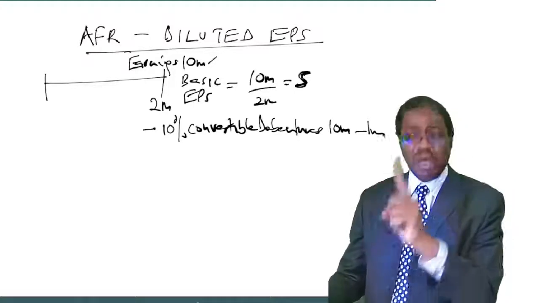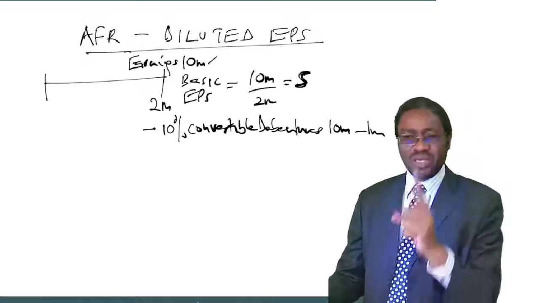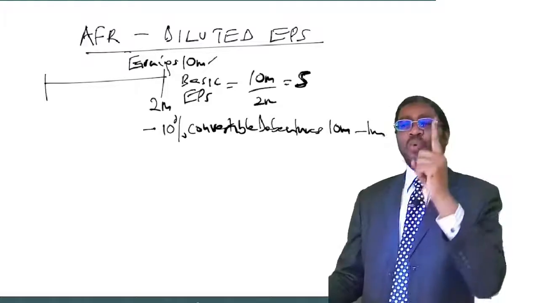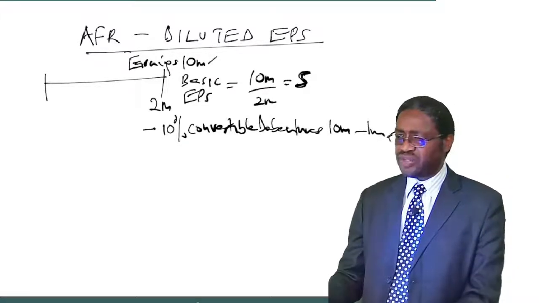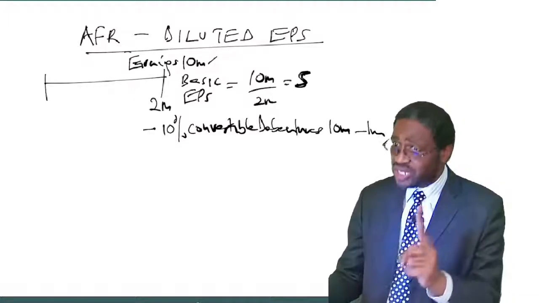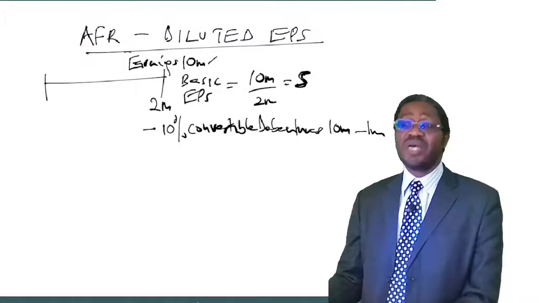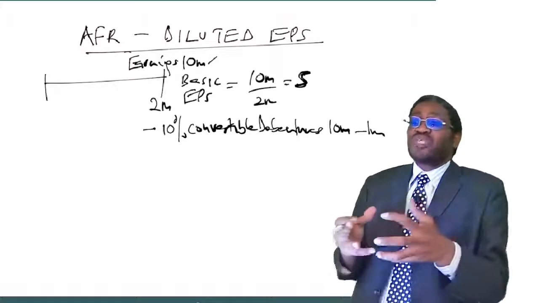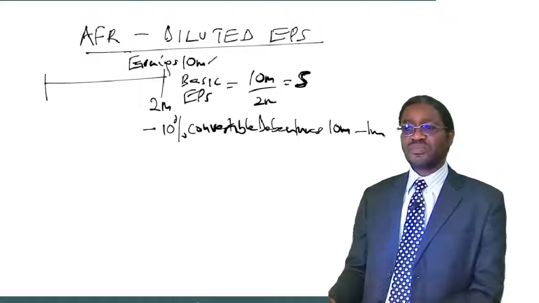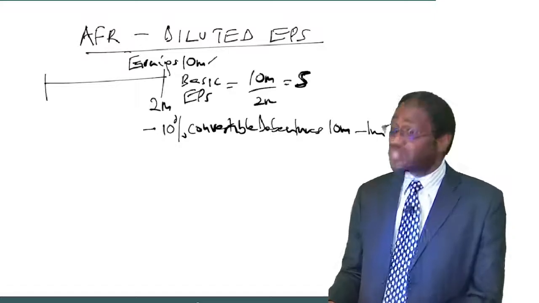they have not, but had they converted, my question is, would our earnings per share still be 5 shillings? The answer is no. Why? Because our number of shares would have now changed. Even the earnings would have changed.